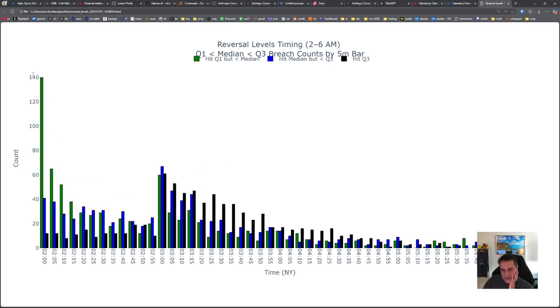So we care that if the low of the session is put in at 2, it hits Q1 and that's it. Sometimes it manages to hit the median and that's it. Very rarely it hits Q3, but that means the candle is very small. Right, that makes sense.